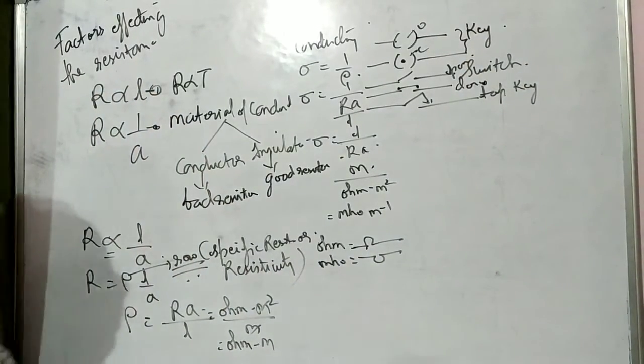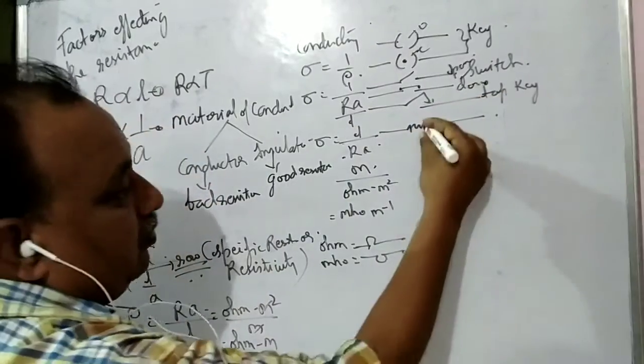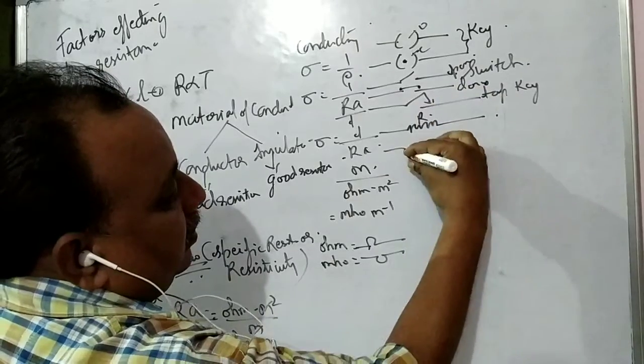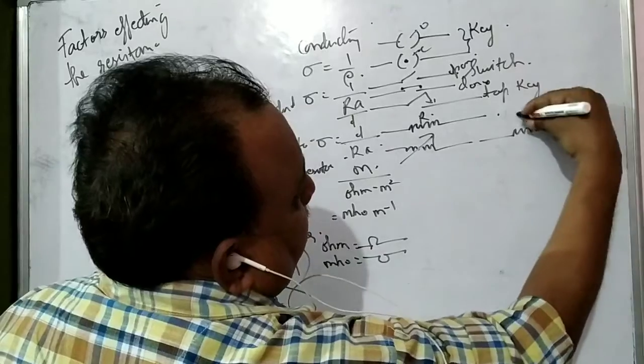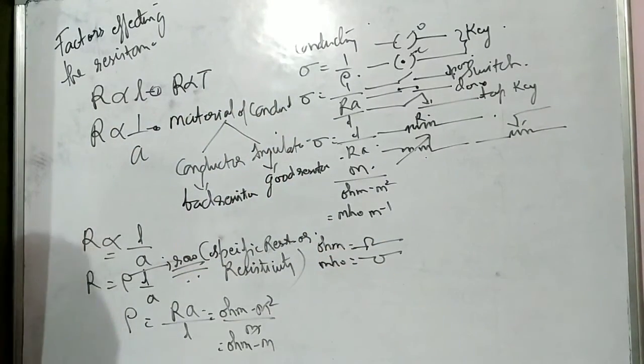Is this clear? This is the symbol of a resistance which you are using. Resistance is already defined, this is R, but it can also be a rheostat, which is used as a current divider and as a potential divider.